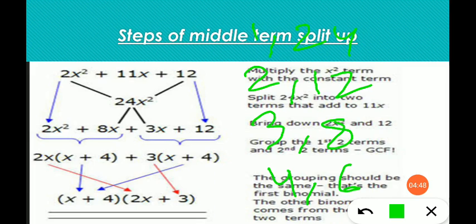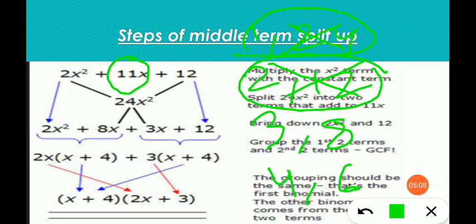If we take 1 and 24, we want 11 as the middle term, but 1 and 24 will not give us 11, so we will not consider 1 and 24. If we think about 2 and 12, it will also not give us 11, so we will not take these two numbers either. Then 3 and 8, the sum of 3 and 8 is 11, hence we will take 3 and 8.